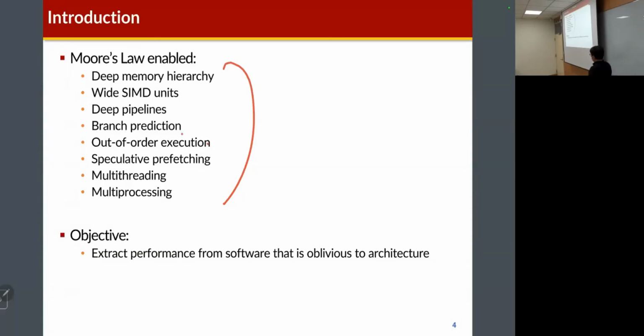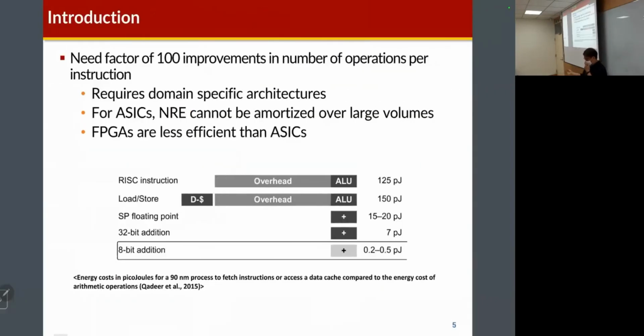These architectural techniques require more hardware resources, and more hardware resources can be enabled by Moore's law, since more transistors can be included in the same chip area. With these techniques we can improve the performance, but we are facing the end of Moore's law.